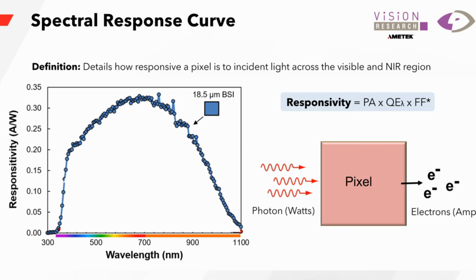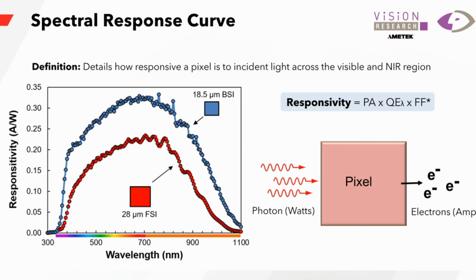Now, since we have the BSI sensor technology or backside illuminated technology, you can see that even though it has a much smaller pixel, 18.5, it has a much higher responsivity relative to our old flagship, the V2512 front side illuminated pixel. So this is extremely helpful when deciding what sensor you want to have a really high responsivity.